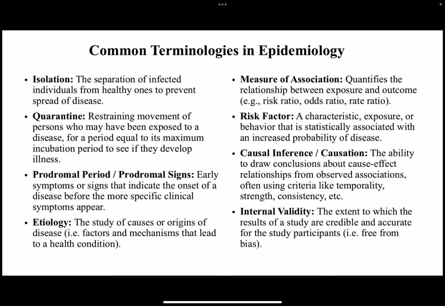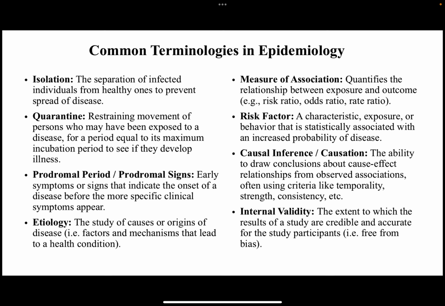Internal validity is about how accurate or trustworthy a study's results are for the participants that you studied. So if you do an epidemiological study, how accurate are the results? For example, you've done an epidemiological study, you've come up with some findings. How accurate are the findings that you have? The accuracy of the findings from an epidemiological study or even research, that is what we call internal validity. Is that okay?